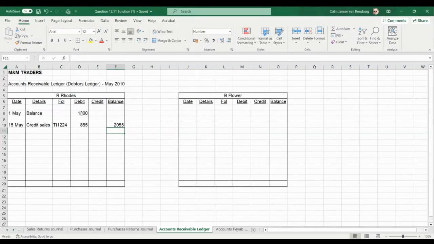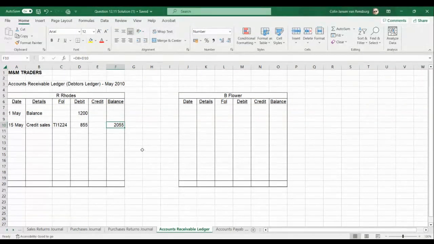They owed us 1,200 at the beginning of the month. They owe us a further 855 for that transaction. So now they owe us a total of 2,055. So every time that we do a debit or credit, any transaction, we can go and update our balance. So we've got this running total. We know at any point in time what each and every customer owes us.